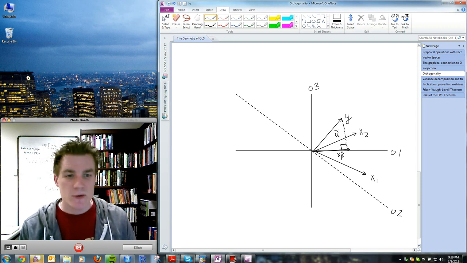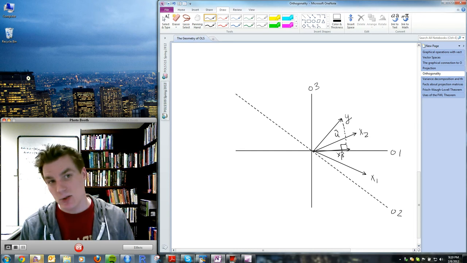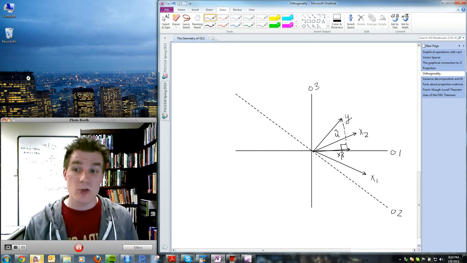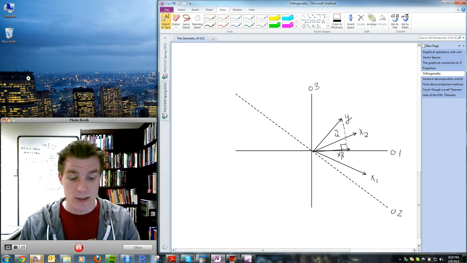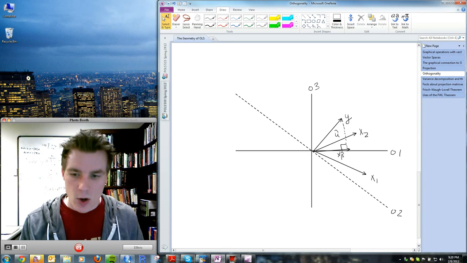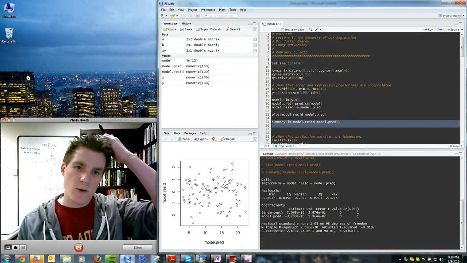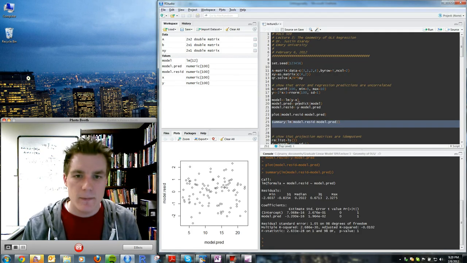If I ran the residuals from this regression against y hat, I would get 0 correlation, just as I got in the 2-dimensional matrix. So nothing special, there's no trick in this 2-dimensional case. It always works. And I hope you saw that from the RStudio example. So going back to RStudio here, you can see that this data set has 100 observations in it.